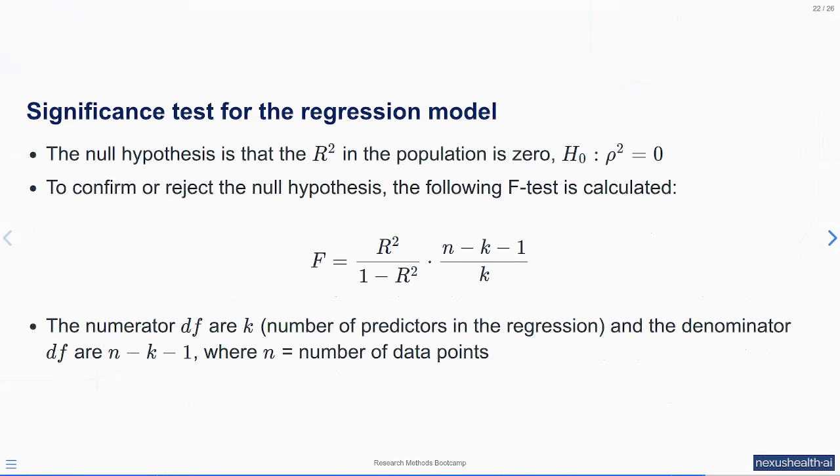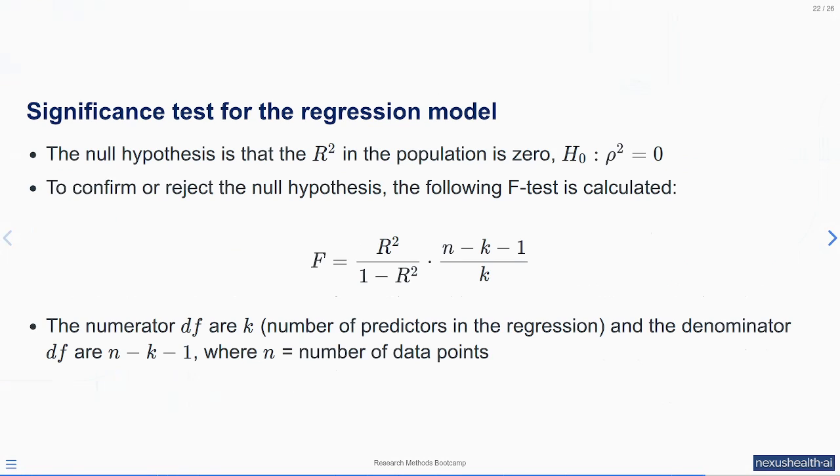If we take a moment and look at this formula, something becomes apparent to us: that given a certain number of predictors, n, our sample size, influences the F statistic, and in some way it tells us that the power of our sample to be able to avoid a type 1 error is influenced by the number of predictors that we're going to put in the model.